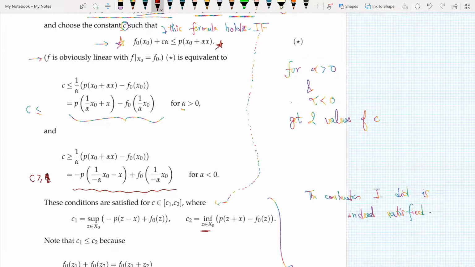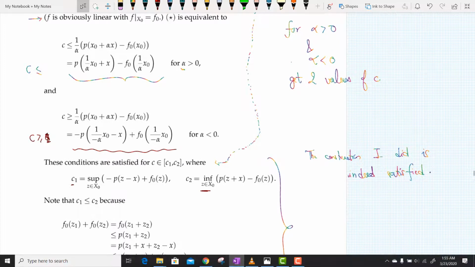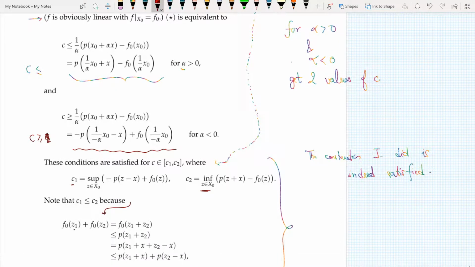And since c was always greater than or equal to this thing, then c is equal to the supremum of this quantity, where I took x naught by minus alpha to be my z. Now we see that c1 has to be less than c2 because you see this. So I substitute z1 and z2.